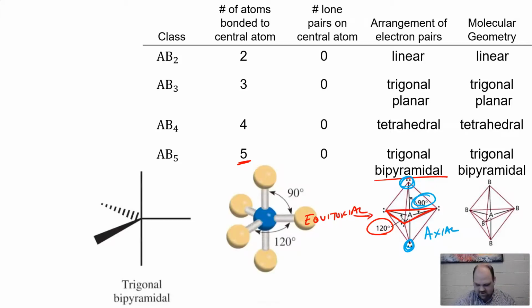Okay? A good example of trigonal bipyramidal would be something like phosphorus pentachloride, PCl5. One thing to note, now that we have 5 atoms bonded to that central atom, we can't do this with anything in the n equals 2 row, right? That period doesn't have those empty d orbitals, and so the central atom has to be something with an expanded octet.